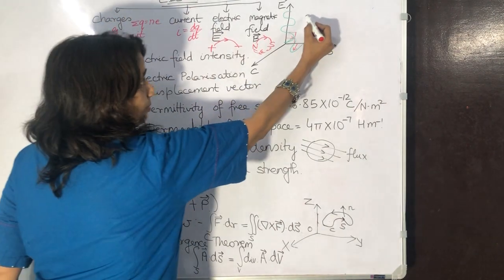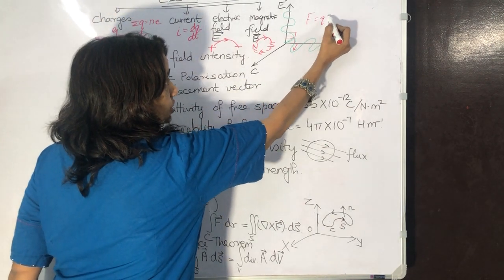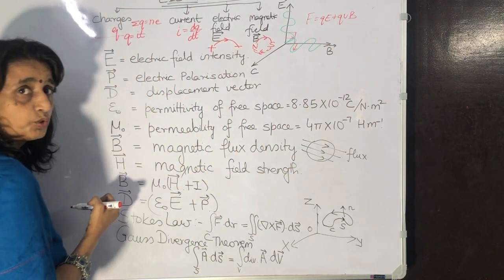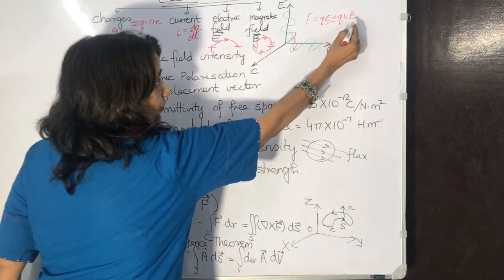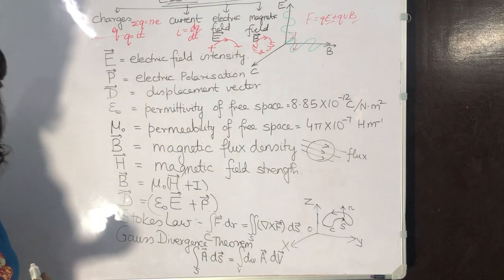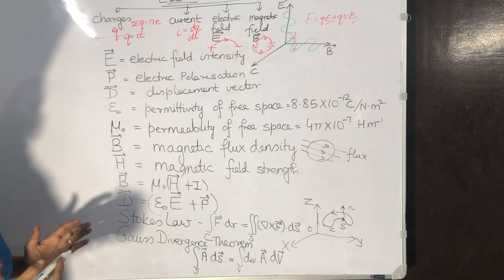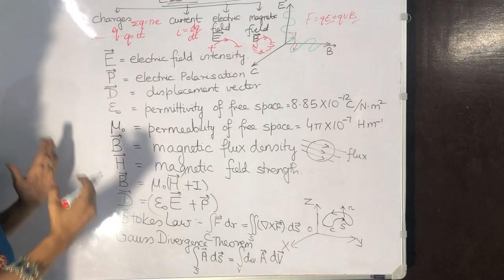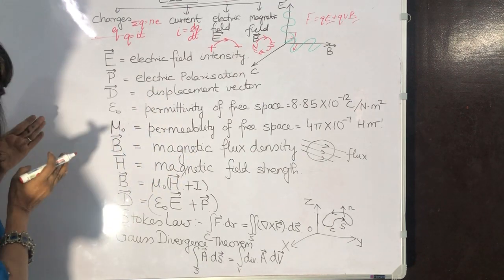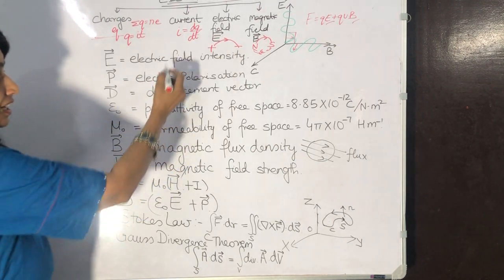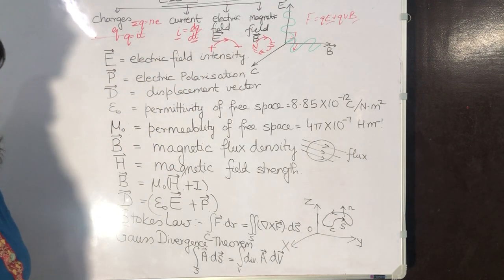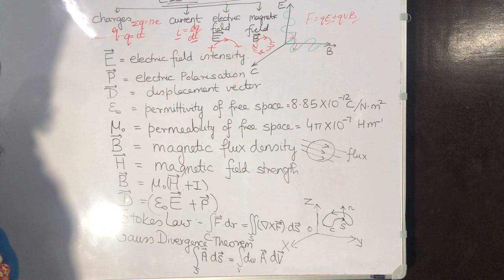You must have heard about the Lorentz force also, QE plus QVB, which is produced due to electric field and magnetic field. So basically electromagnetic theory is just combining electrostatics and magnetostatics, and then making it flow, because current flows when charges are in motion. This is one addition which Maxwell made to this theory.